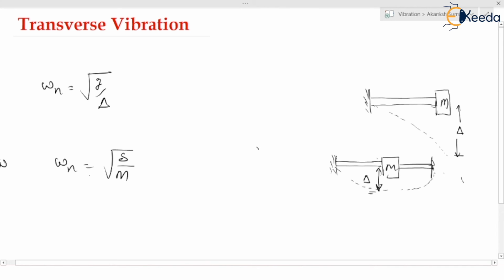Basically, if in the question the stiffness of the system is given directly, this is the stiffness of the system for transverse vibration. Then you must apply this formula directly.